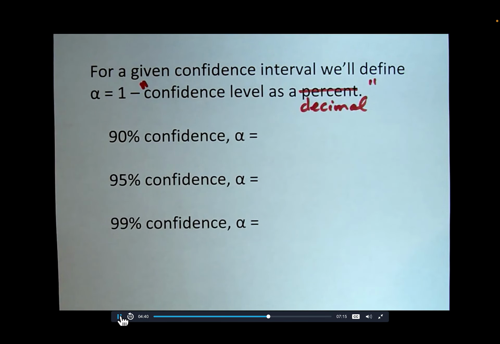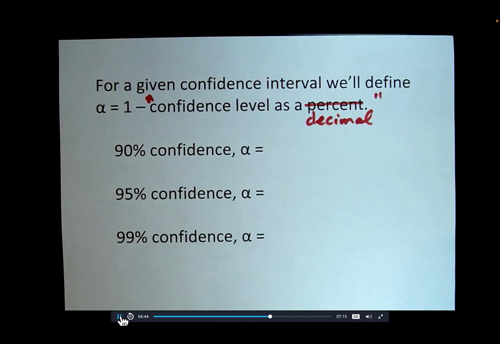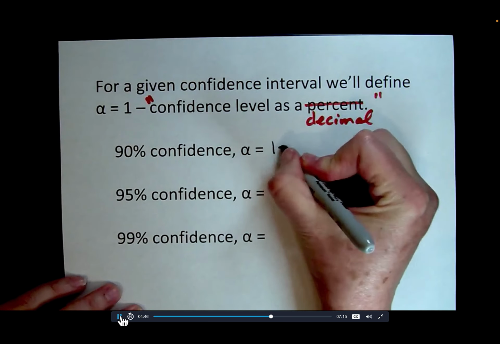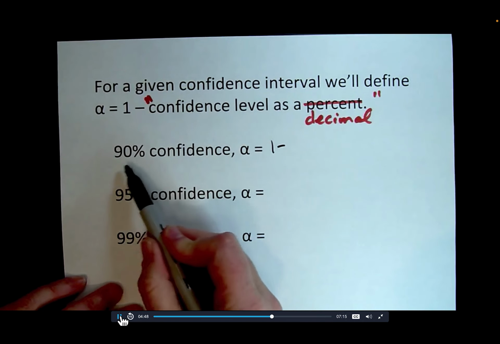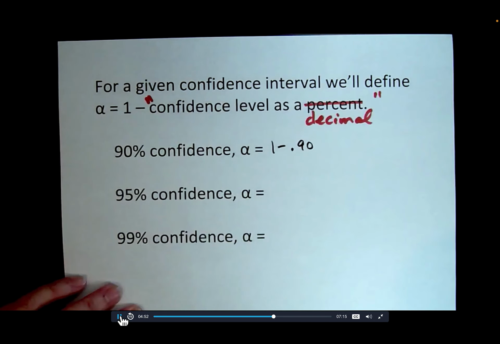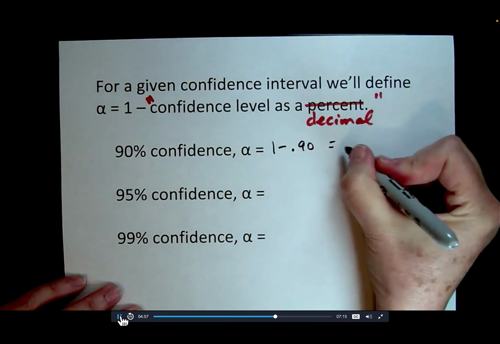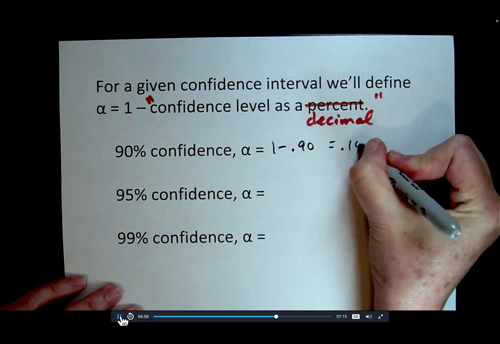So for example, if you're talking about a 90% confidence interval, what would the alpha be that goes along with that? Well, it's 1 minus the confidence level as a decimal. 90% expressed as a decimal is 0.90. So for a 90% confidence interval, alpha would be 0.1 or 0.10.